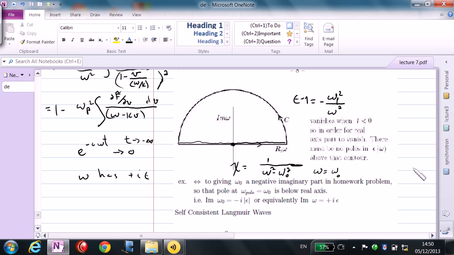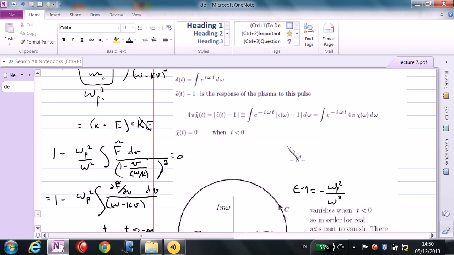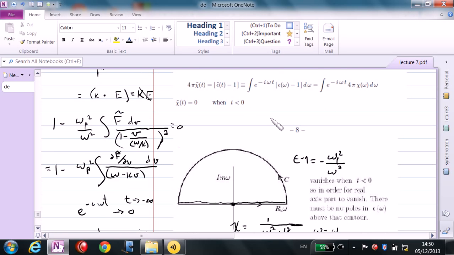Therefore, when I integrate omega from minus infinity to plus infinity, there is no pole. I do it along a path not exactly the real axis, but where omega has a slightly positive imaginary part, which means I'm performing this integral slightly above the real axis for omega.